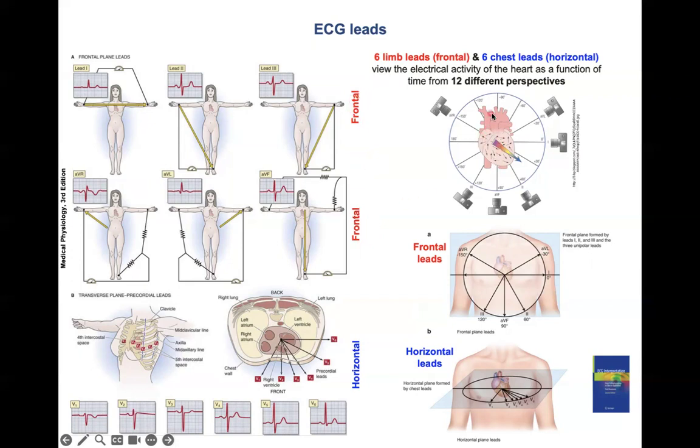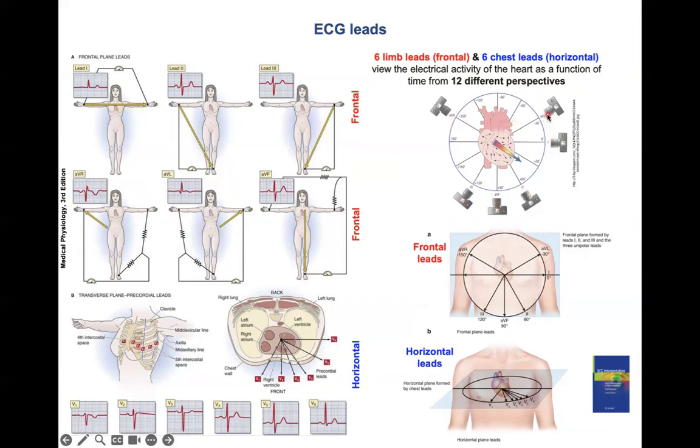Here we have the heart in a circle, and the cameras represent the point of view of the electrical activity of the heart. So how we are looking at the electrical activity of the heart. For instance, this camera is looking at the electrical activity of the heart in lead 1 from this position. And this camera is looking at the electrical activity from lead 2, and this from lead 3. Here AVF, AVR, and AVL.